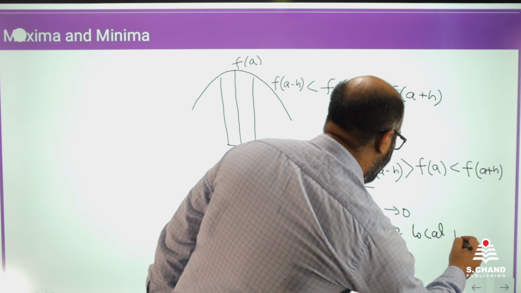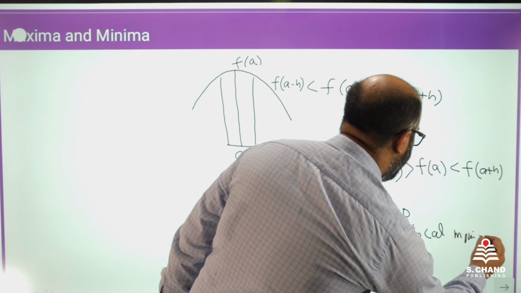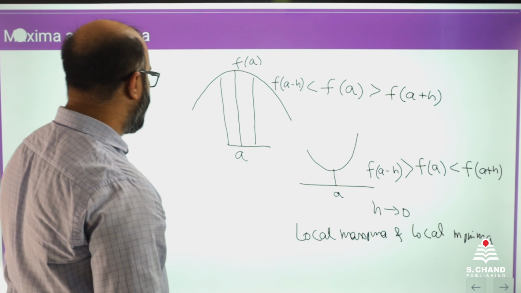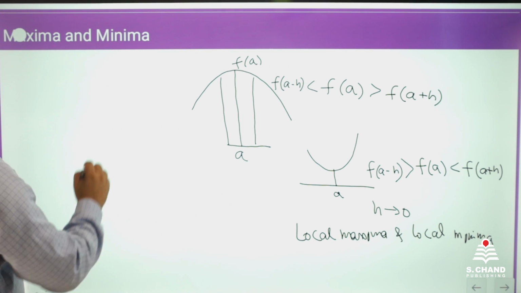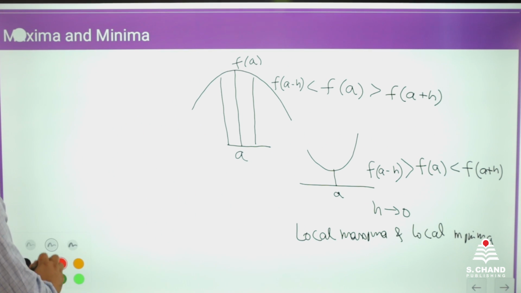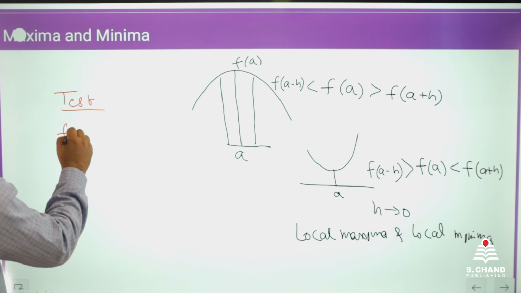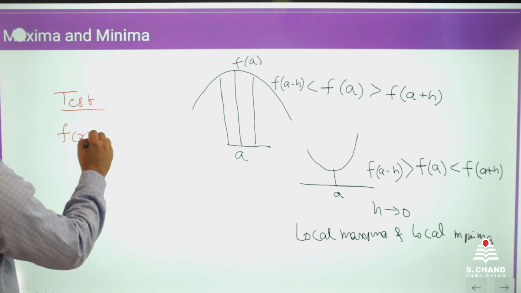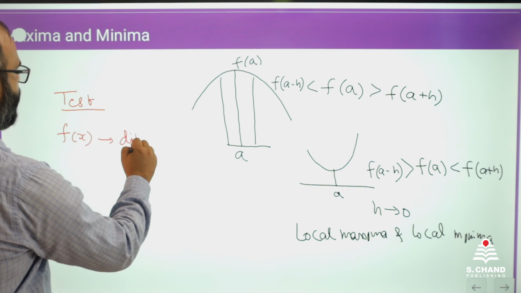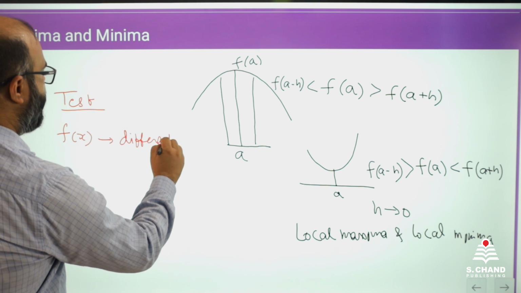And if you want to test local maxima and local minima, how do you test them? For the testing purpose, if the function is differentiable, then we find its derivative.